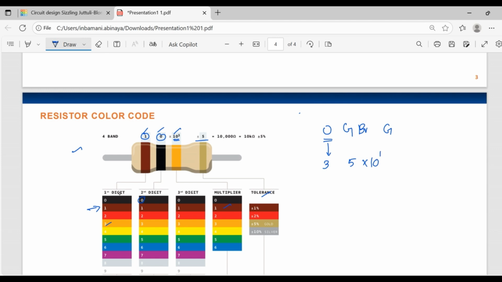Gold represents the tolerance value of plus or minus 5%. So the value of resistance over here is a 350 ohm resistor with a tolerance of plus or minus 5%. So this is how the color code chart should be looked at.